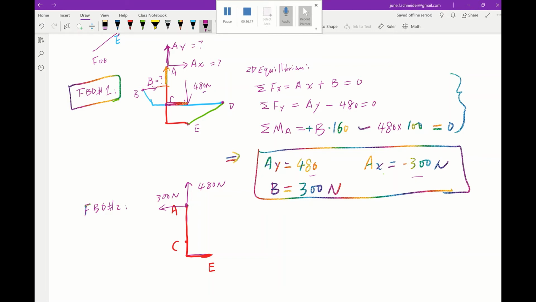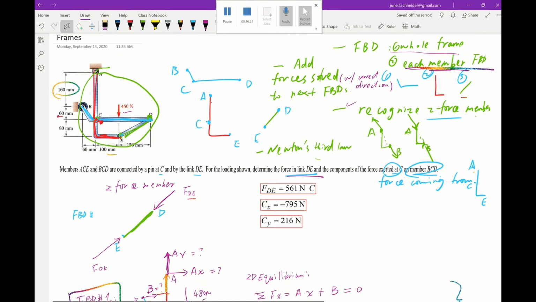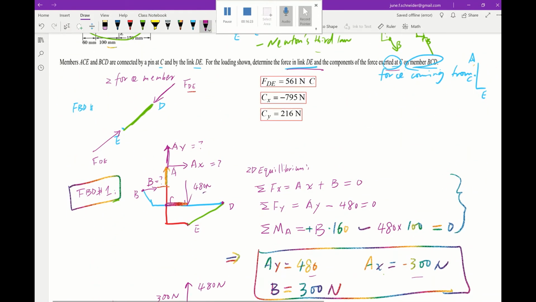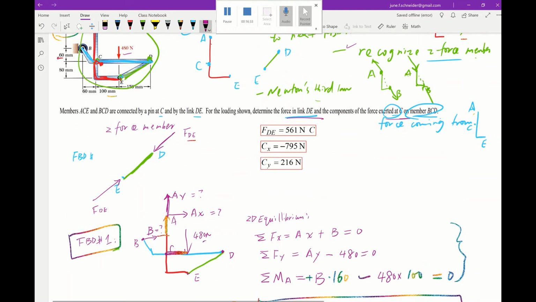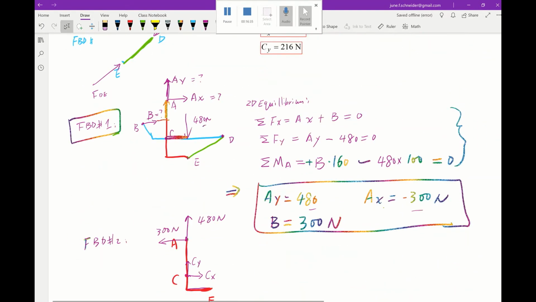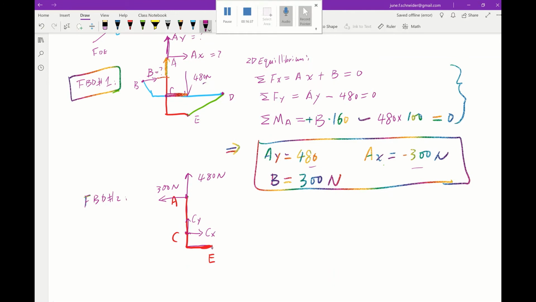Now let's look at C. C is pinned, right? And we're solving actually C right here. So we're going to assume the direction. If we assume CX and CY in this direction, we also need to solve at E. And at E here, we might be tempted to draw EX and EY.